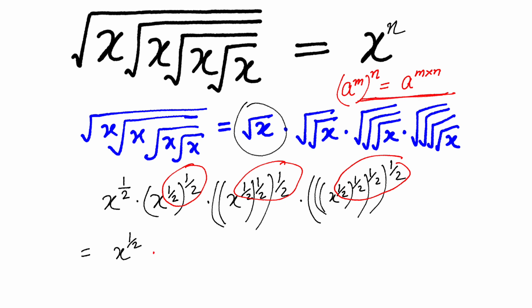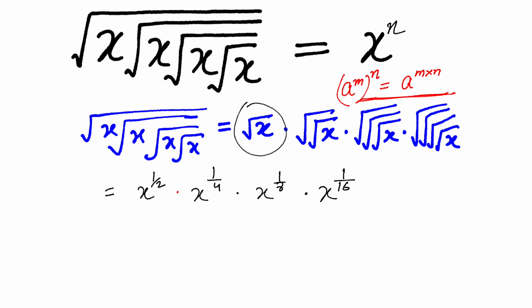So simply we will multiply all the powers. Now 1 by 2 multiplied by 1 by 2 is 1 by 4. Then x raised to the power 1 by 2 multiplied by 1 by 2 multiplied by 1 by 2 is 1 by 8, and in the fourth term it is 1 by 16.